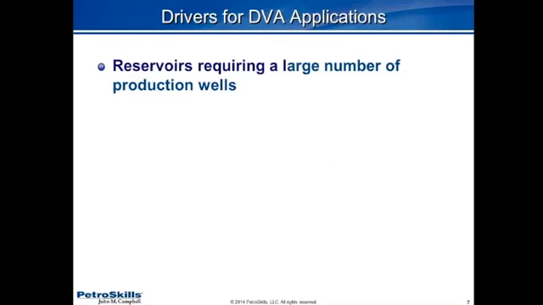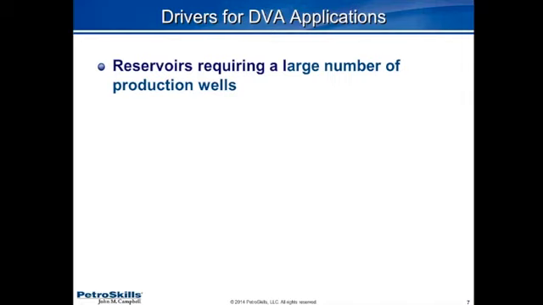So if we can maybe summarize some of those points with regard to the advantages of direct vertical access. It is attractive when there are reservoirs that require a large number of wells.